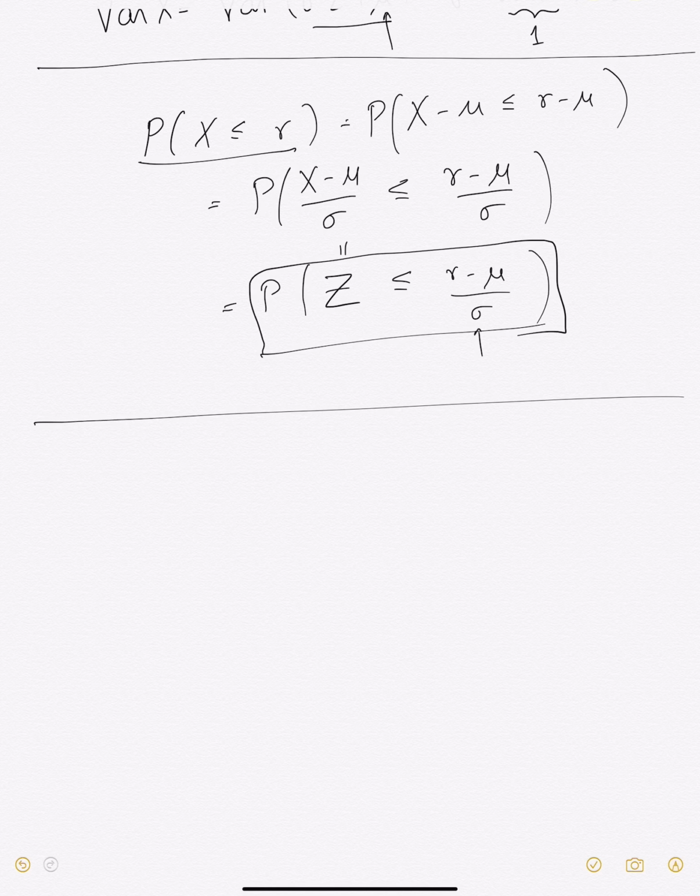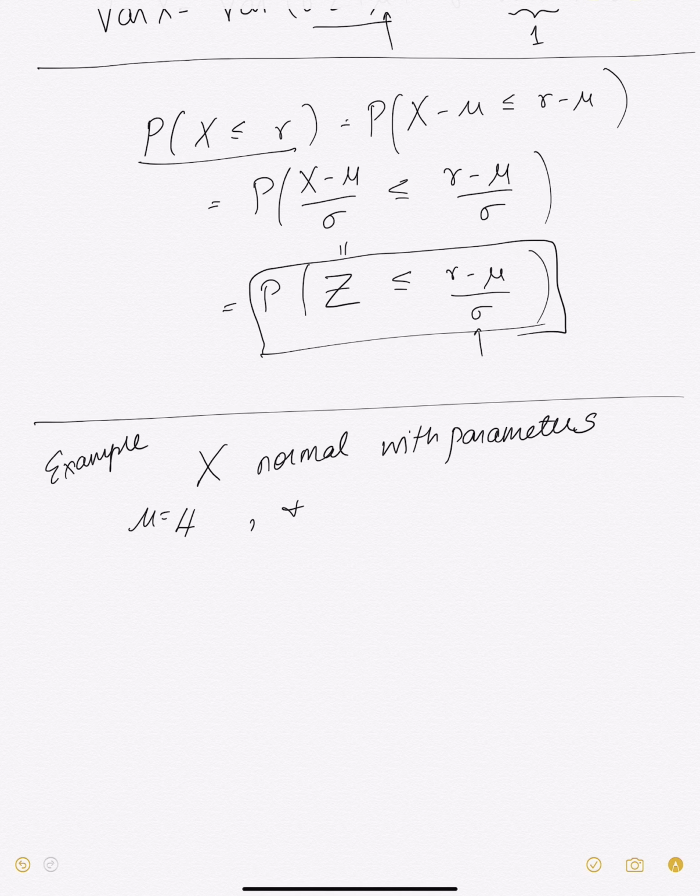Okay, so here we go. Example: X is a normal random variable with parameters mu equals 4 and sigma squared equals 25.